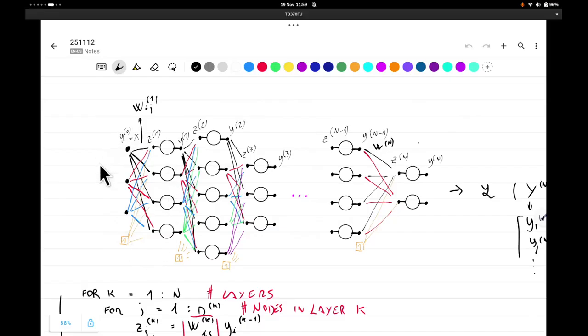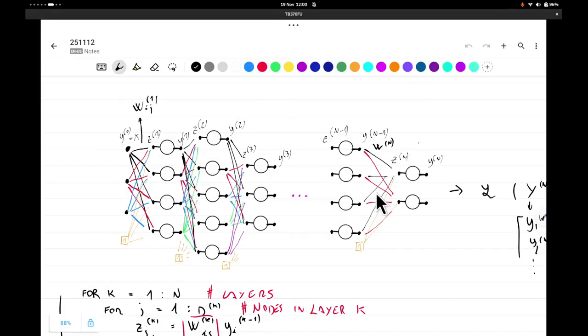Then we have an affine transformation of the input, giving these z's by means of these weights w_ij, and then we have the activation process, so the outcome of the linear combination or affine transformation of all the input, including a possible bias, goes into the output.